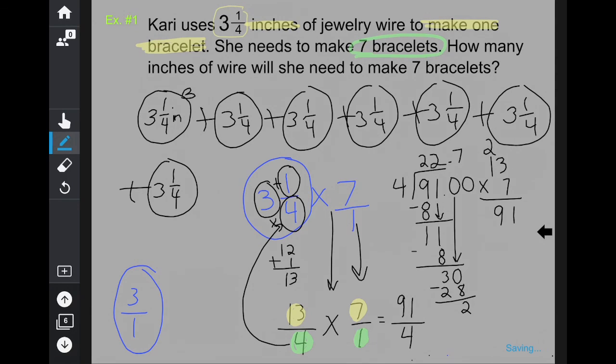Can 4 go into 2? Nope. So I'm bringing down another 0. Can 4 go into 20? Yes, 5 times. 5 times 4 is 20. And so I have a remainder of 0. So you can write your answer as 22.75, or 22 3/4.